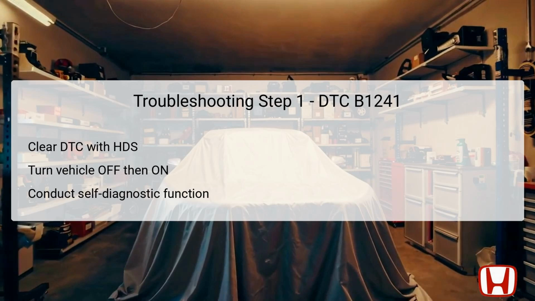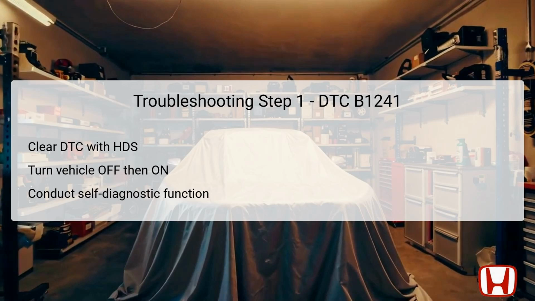Initially, you need to clear the DTC codes using the HDS, which resets the vehicle's computer and removes previous error codes. Next, turn the vehicle to the off, lock mode, and then switch it back to the on mode. This cyclic operation is vital as it ensures the vehicle's systems are initialized correctly.